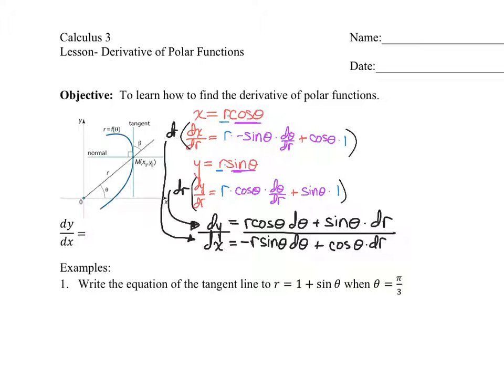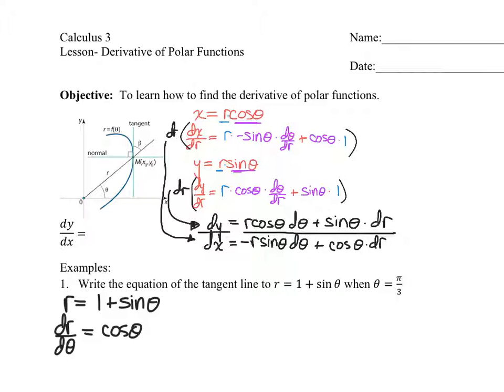So let me get you at least set up on number one. So I have r equals 1 plus the sine of theta. All right. So dr d theta is going to be equal to cosine theta. All right, so now I have a relationship between dr, d theta, and cosine theta.